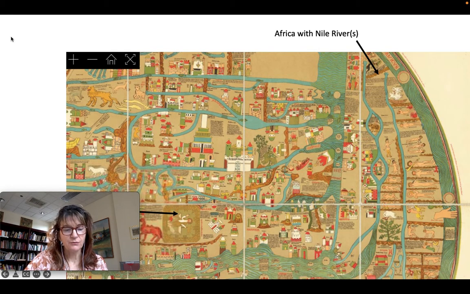Africa is on the right or the south side of the map. There are drawings of unusual creatures, or what were called the monstrous races, meaning marvelous, strange, or unnatural. The idea of the monstrous races came from Roman writers like Herodotus and Pliny the Elder, who described creatures like the Sciapods, who had one huge foot that they would use to protect themselves from the hot sun.